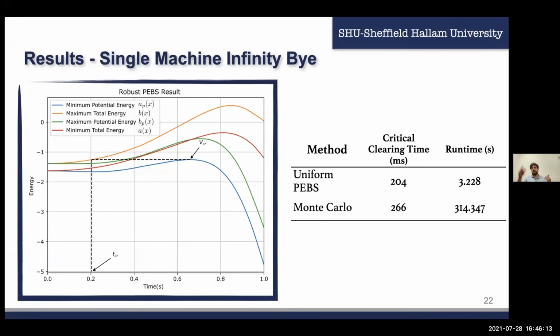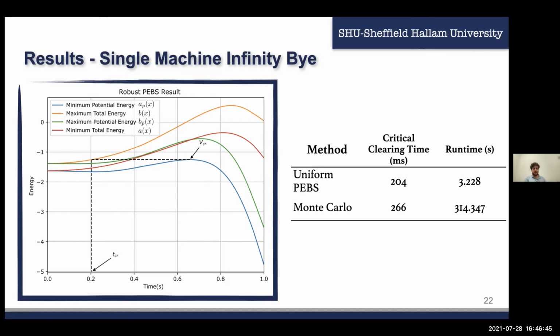So I calculate, along the trajectory of our fault-on system, how long the disturbance can be applied before exiting the stability region, after which the post-fault system is going to be unstable. So here I have the critical time, and this is going to be the critical energy.